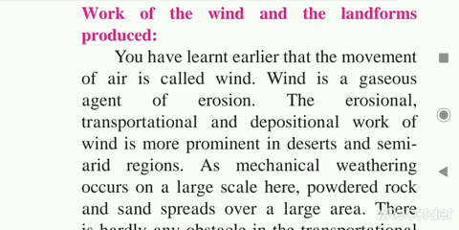See, mainly wind work is very effective in desert and semi-arid regions because there is no obstacle in the path of the wind.